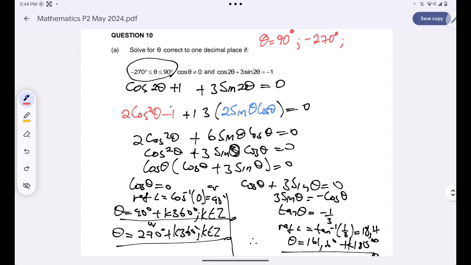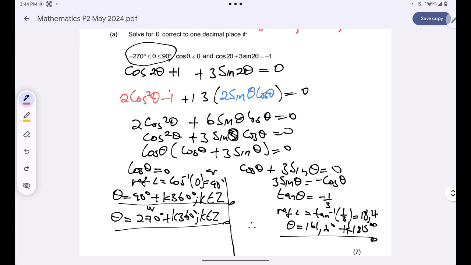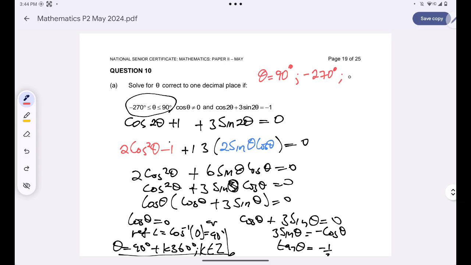Another one, when I say 161.4 plus a negative 1 multiplied by 180, I'll simply get negative 18.6.